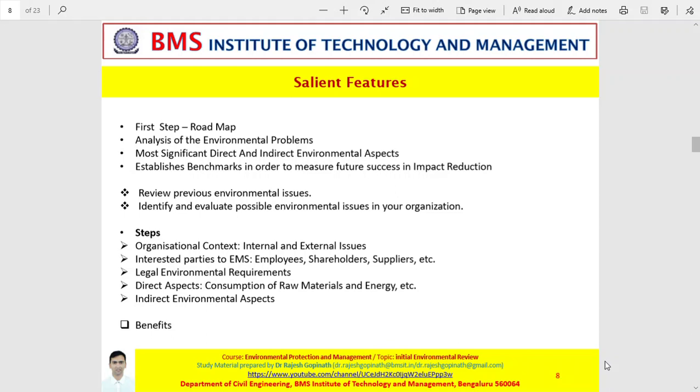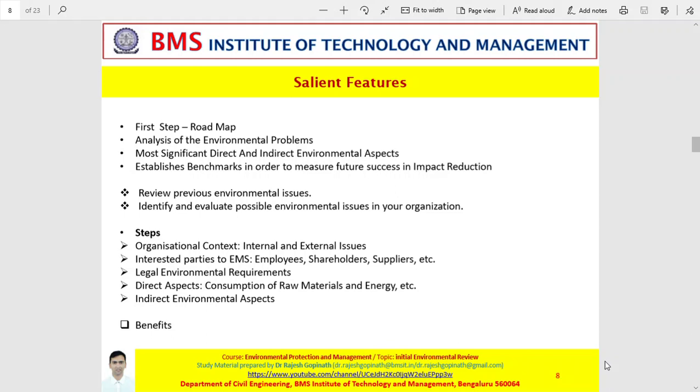Hence, we may say that the initial environmental review identifies, highlights and spots the most significant direct and indirect environmental aspects as well as any impact of the organization. Please note, the initial environmental review also establishes benchmarks, in order to quantify or measure the future successes in impact reduction.